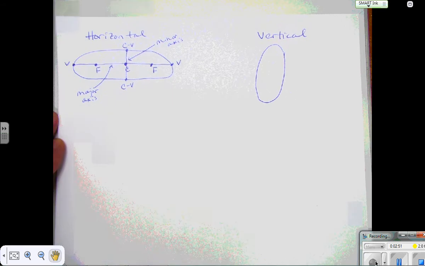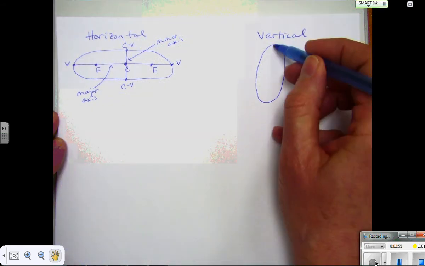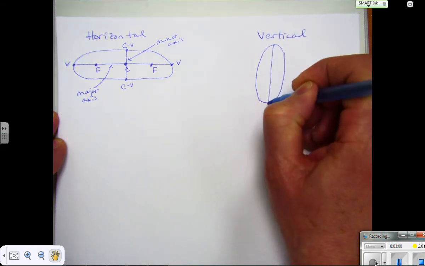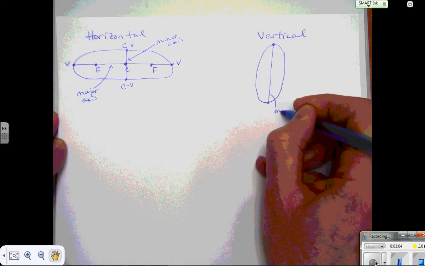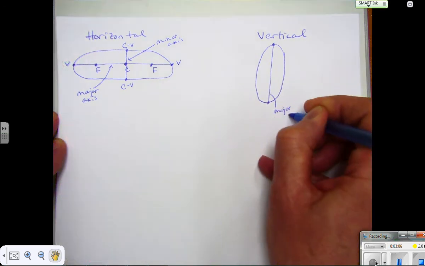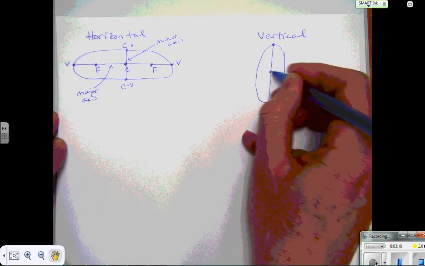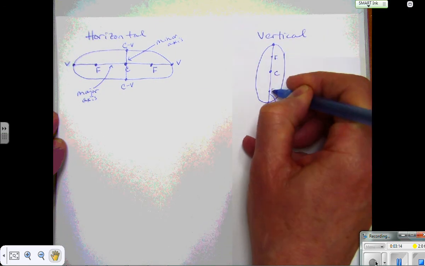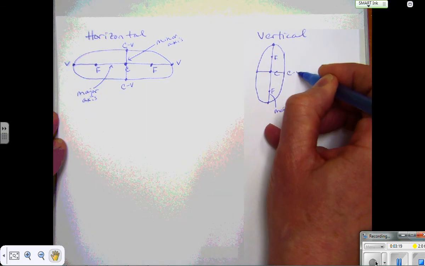So the major axis is the longer one, the minor axis is the shorter one. So when you have a vertical ellipse like this and you draw your vertical line, that's your major axis. Okay, so it's the same parts, it's just been rotated around. You still have your center and your two foci points. Then you have your co-vertices, your minor axis.